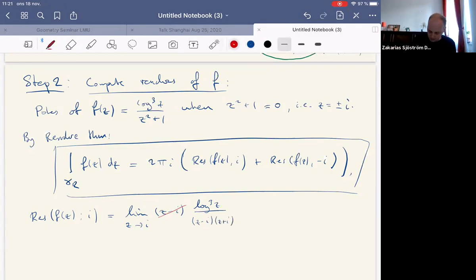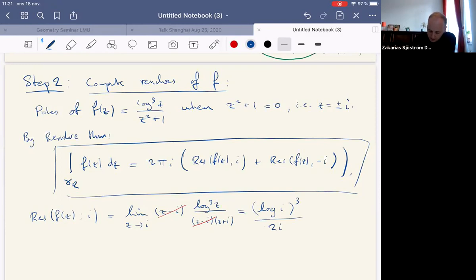And now these ones cancel out here. So this equals log of i to the cubed divided by 2i. So I just evaluate this at z equals i.